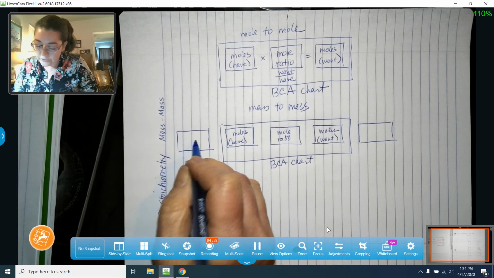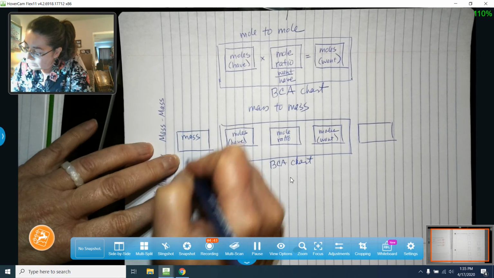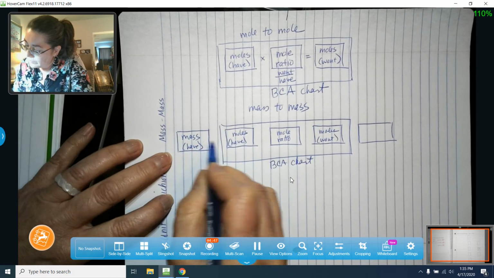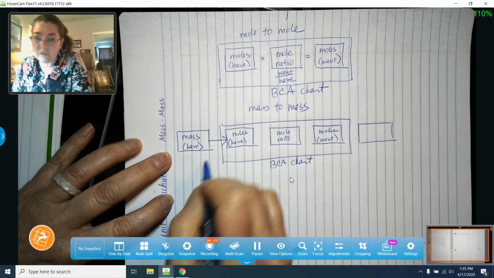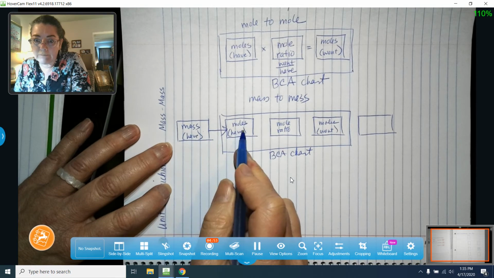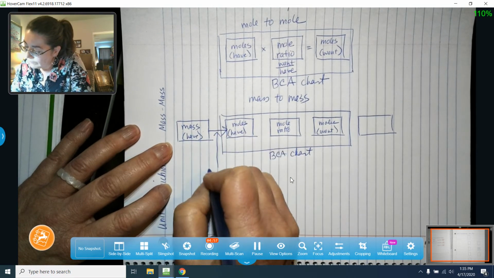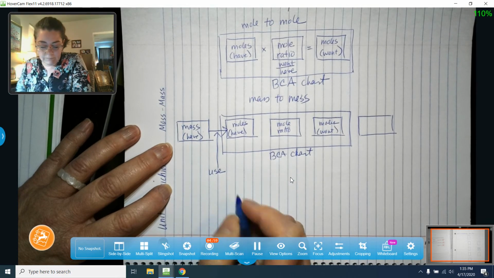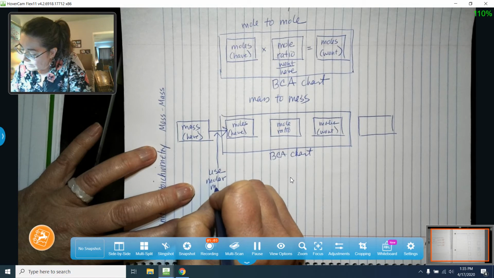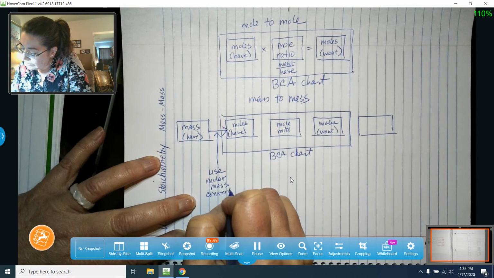But you're going to start out with mass of what you have. To get from the mass that is given in the problem, you've got to convert it, so you're going to use the molar mass converter, which we've already learned about.